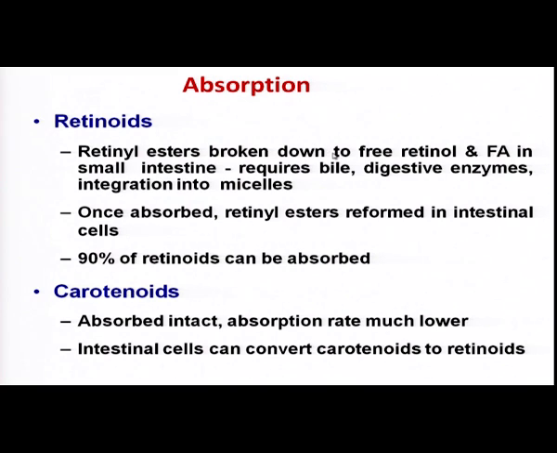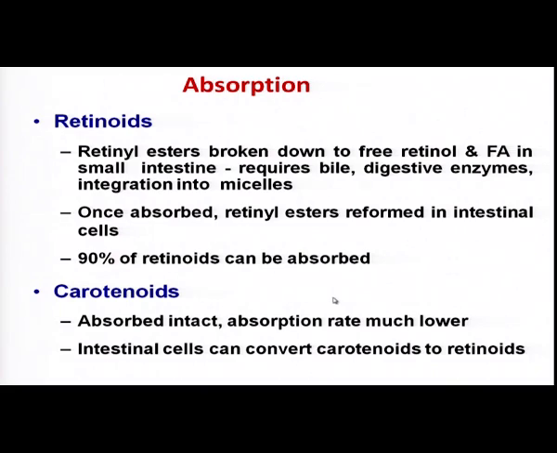This bile will ensure that the particles are broken down into tiny particles, and they can be effectively digested by enzymes, in this case the lipase category of enzymes, and are incorporated into micelles, and then these micelles get absorbed and go across the intestine. So, you see over here 90% of the retinoids can be absorbed.